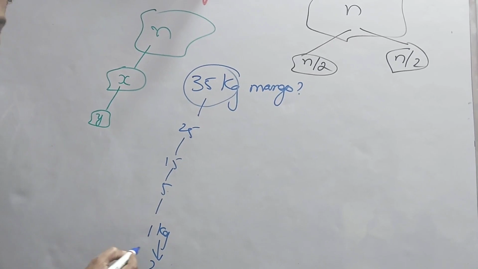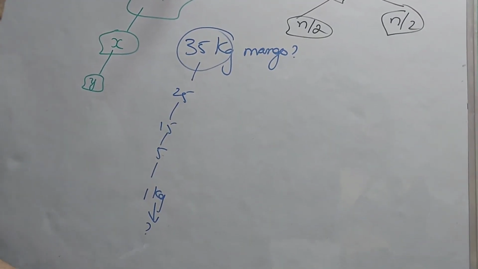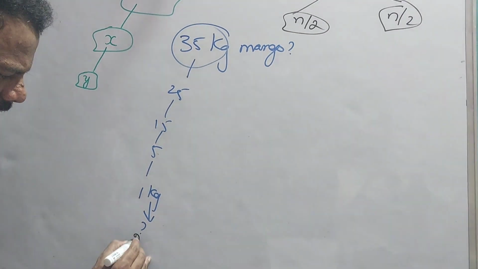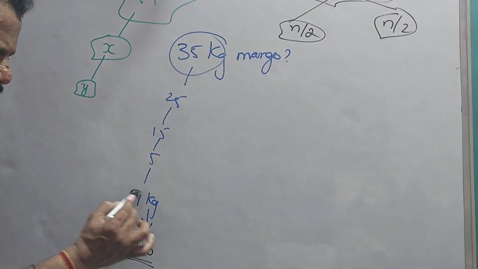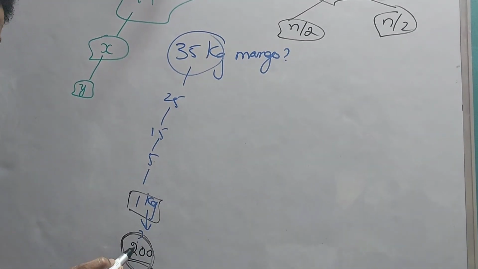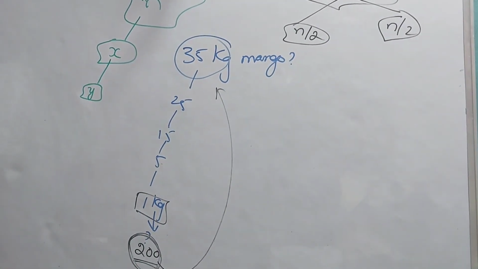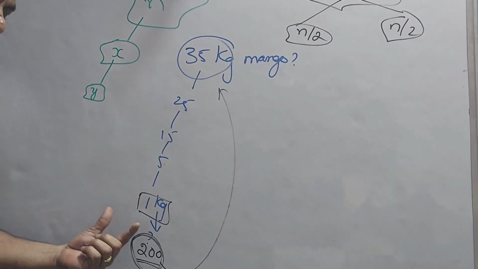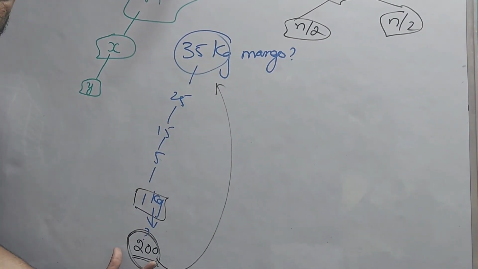Assume for 1 kg the answer is 200 rupees. Now I got the solution for this 1 kg, 200. From the solution of this 1 kg, I can get the solution for 35 kg. This is how we exploit the solution for the overall problem from the smaller instance.